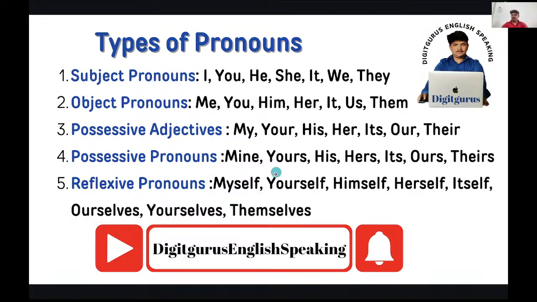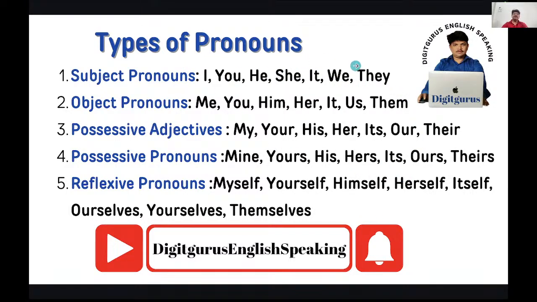Now, you see, these pronouns are used in our day-to-day conversation. Day-to-day conversation is nearly impossible without using these pronouns. We cannot make conversation if we don't use them.